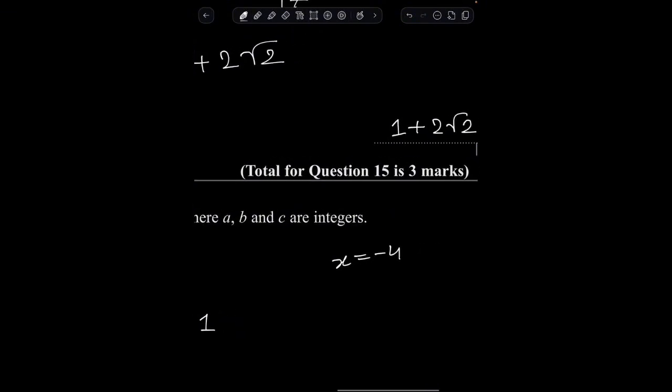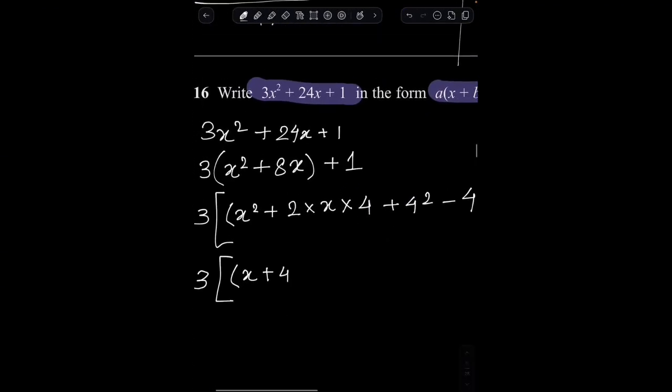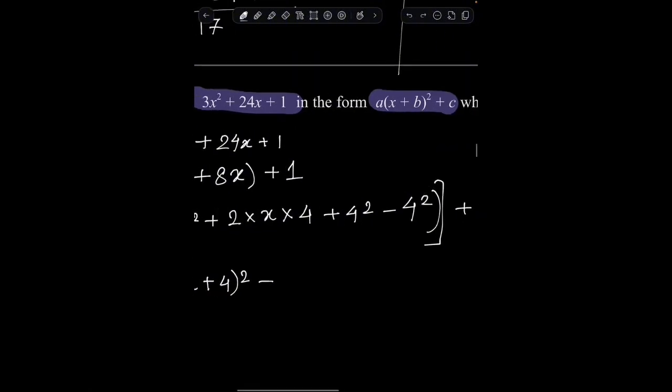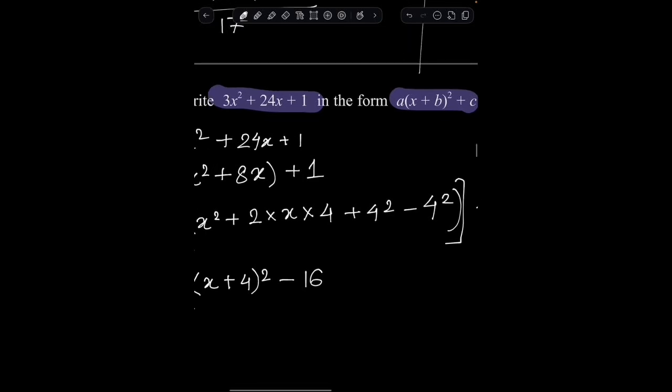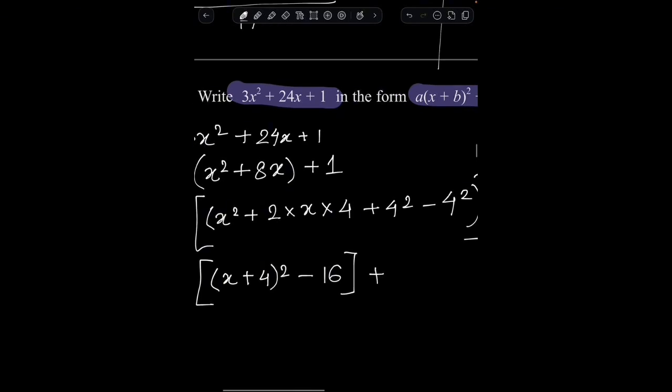If x equals minus 4, that means it was x plus 4 equals to 0, right? So this is going to be x plus 4 square minus the remaining is the negative. We're gonna put 16 because 4 squared is 16, so minus 16, then close the bracket, plus 1.